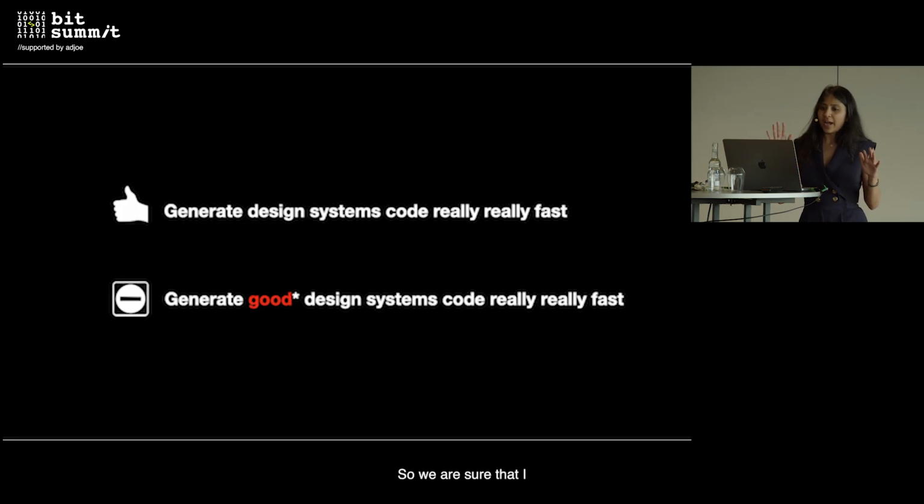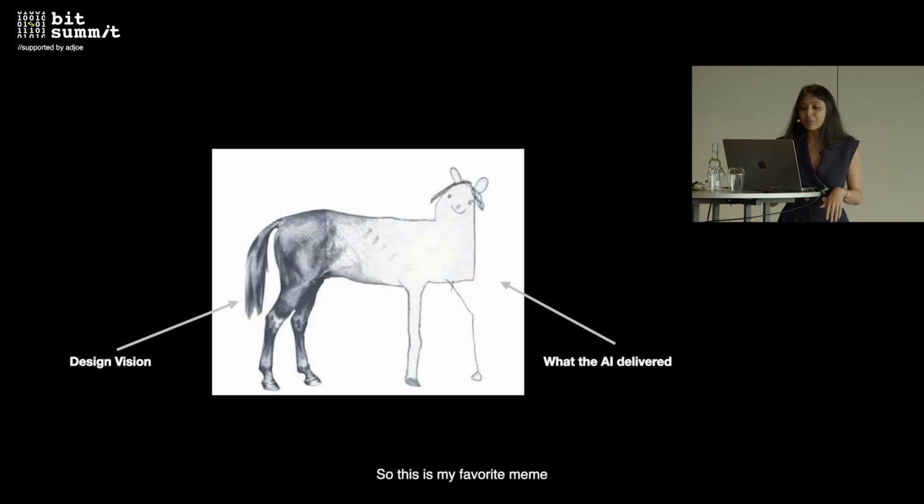So we are sure that AI or any IDE can generate design system components really, really fast, right? But does it generate good design system components really, really fast? I think no. At least the three checks were failing. So this is my favorite meme that I often use in my presentations to define expectations versus reality.